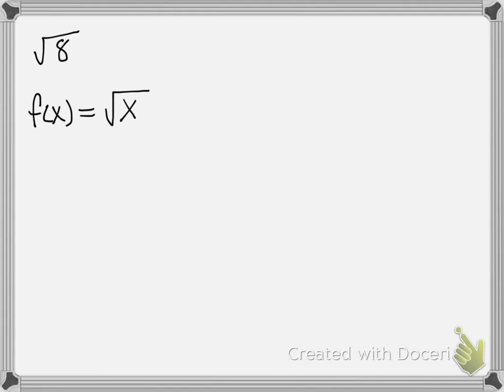The reason we needed to set that up is so that we can take the derivative, since we're going to need the derivative in our differential formula. So our f prime of x is going to be 1 over 2 radical x.